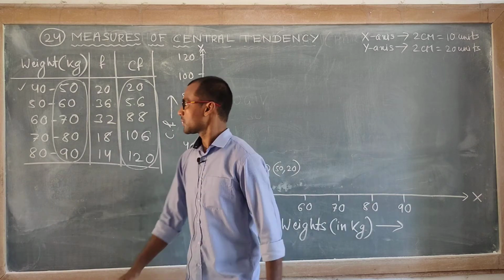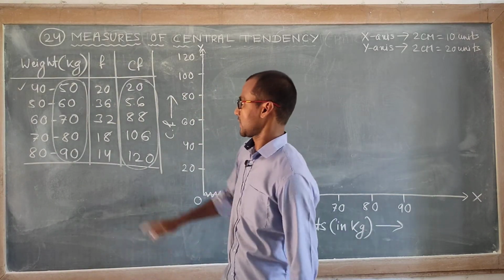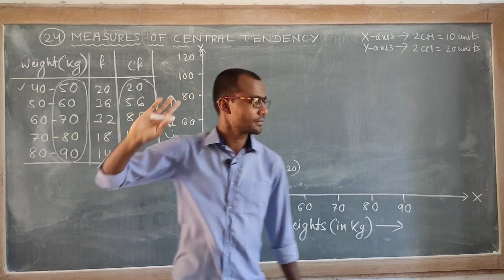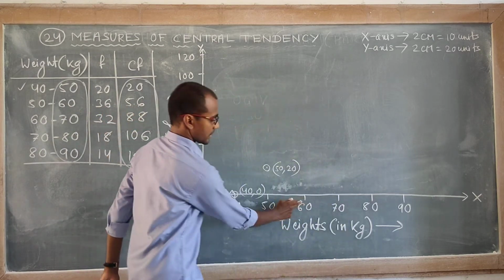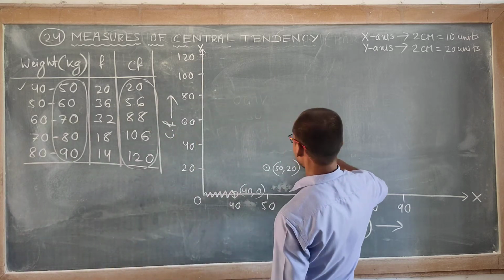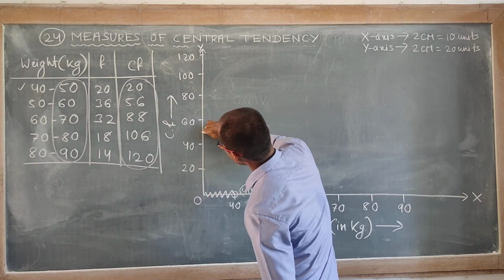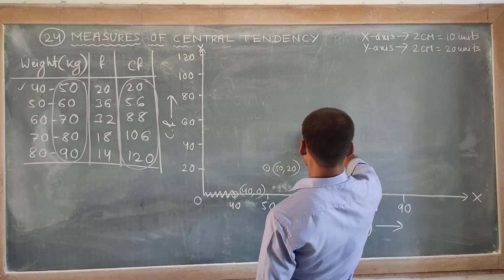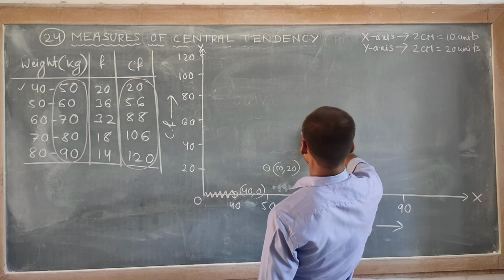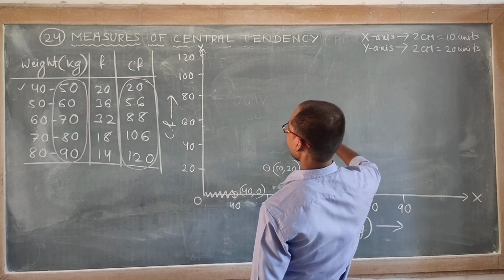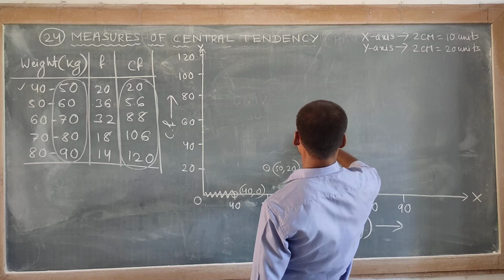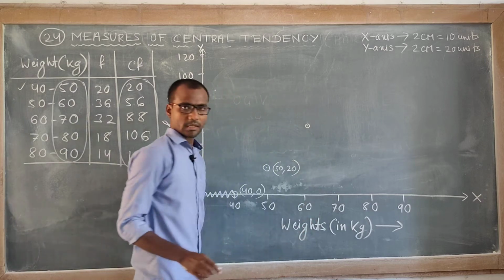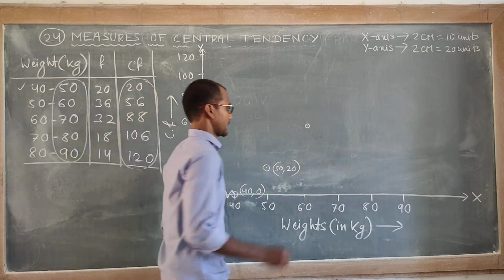Then the third point, again upper limit and cumulative frequency. So 60, 56. Ready? So this is 60, as you can see, 60, 56. This is definitely 50. This will be 55. So I think this will be 60, 56.